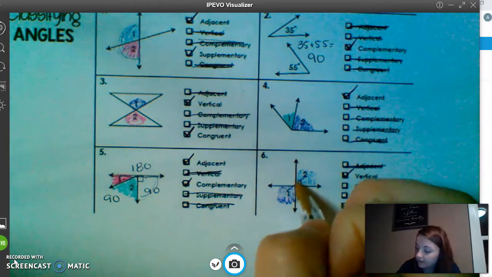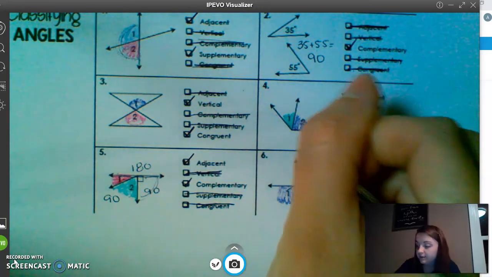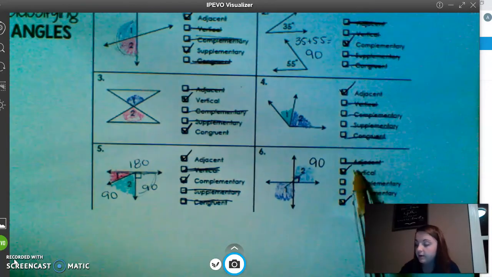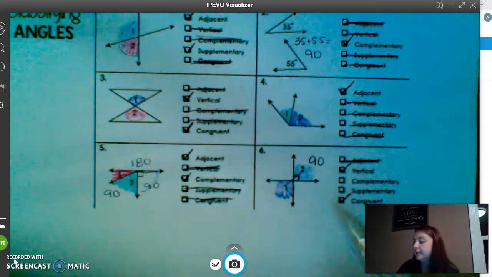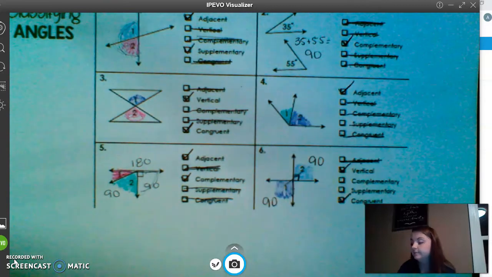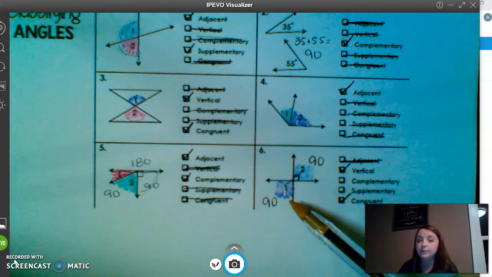This shows right here that this is a right angle. Right angles are how many degrees? 90. So if this is 90 and they are vertical, which means they are congruent, this is 90. Okay, so I actually know the measures of both of those, of 1 and 2.